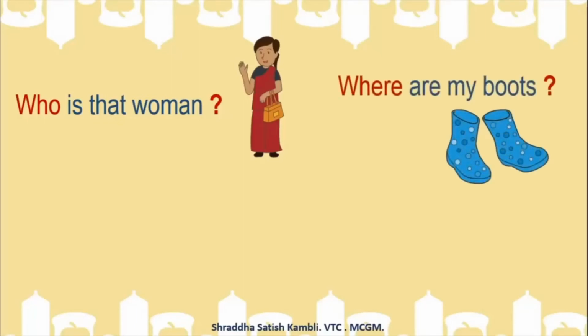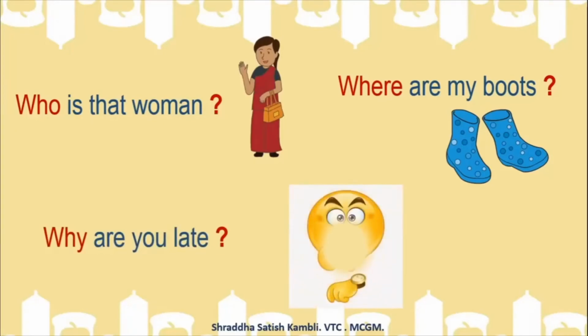Next, where are my boots? So see, it starts with a capital letter W in where. It ends with a question mark, and also where is a question word. Okay, next, why are you late?